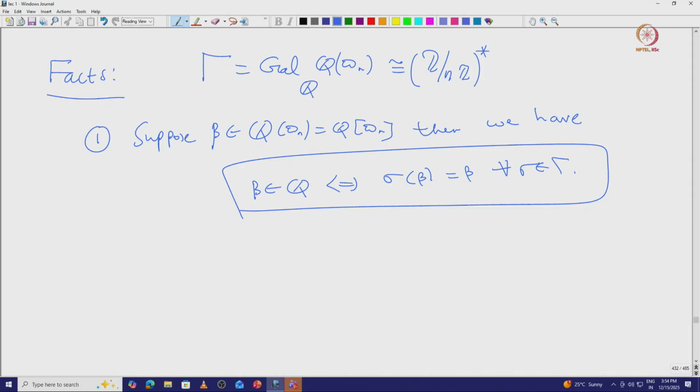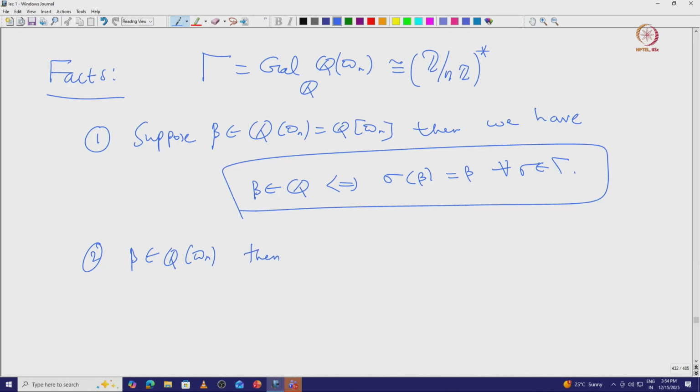Okay. So, now how do we come up with some element that is already guaranteed to be a rational number? Suppose we take beta from this extension field.